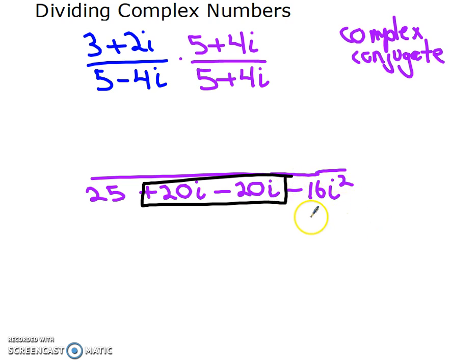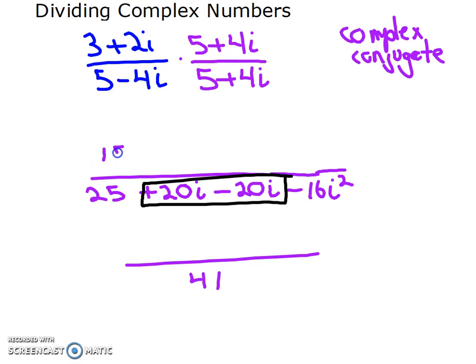Yeah, it makes this into a positive 16 because i squared is negative 1. So really, the whole thing on the bottom is going to work out to 25 plus 16. So what, 41? Okay. So you'll notice, by choosing just the right numbers, all the i stuff went away and we ended up at 41. Okay. Now, we do have to take care of the top too, so let's do that.